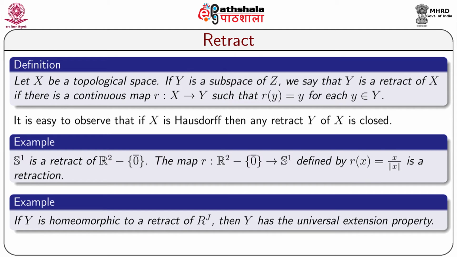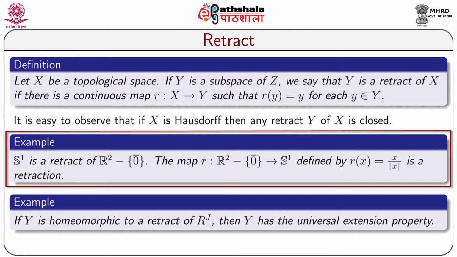As an example of a retract, we can take S1 in R2 minus the origin. The mapping from R2 minus the origin to S1 defined by r(x) equal to x by the norm of x is a retraction.